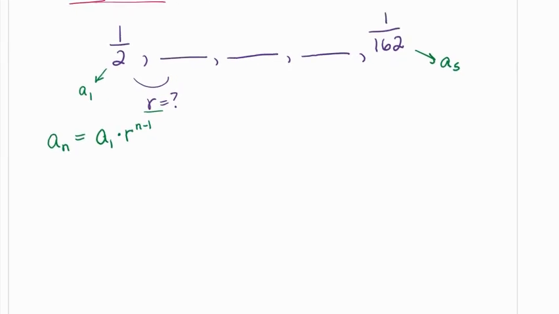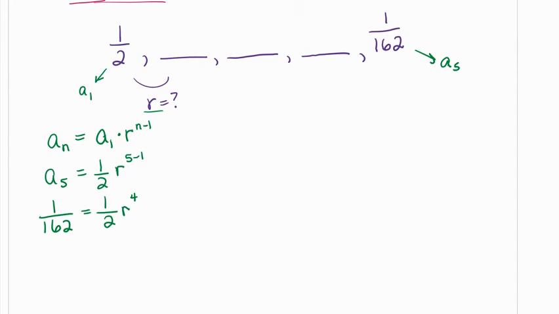So this time I'm going to use a_5. Our first term is 1/2. We don't know what our common ratio is. And if we're looking at the 5th term, we're going to do to the 5 minus 1. So our 5th term we know is 1/162. And then 1/2 times r to the 4th power, right?